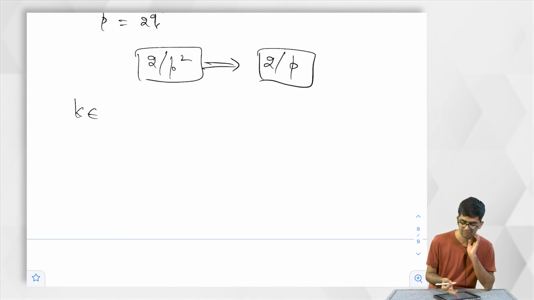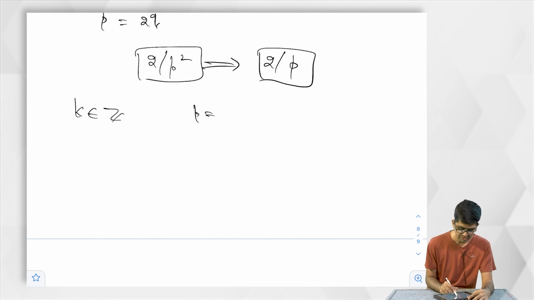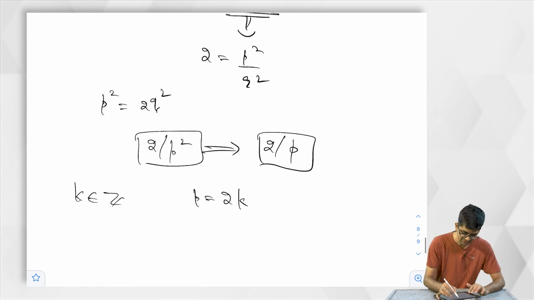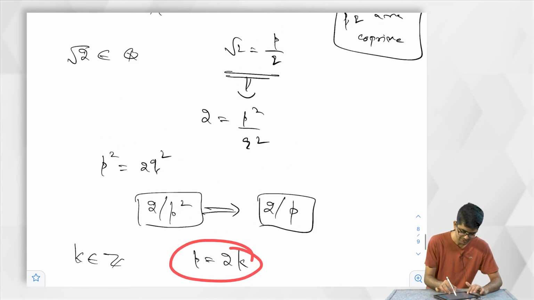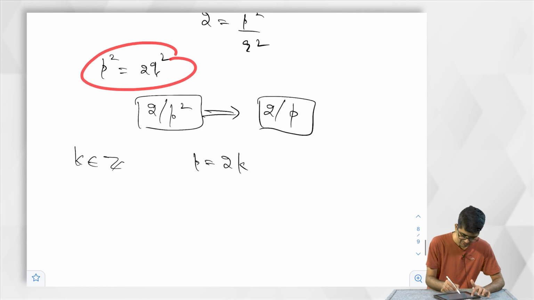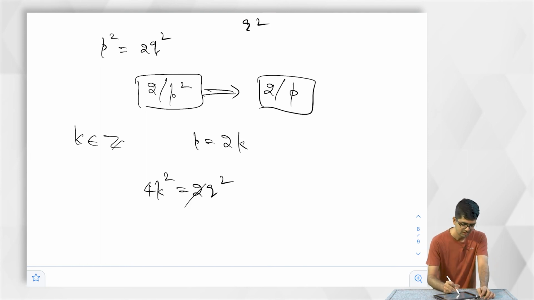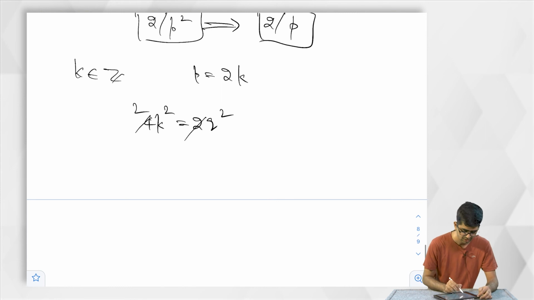Because we are asking P to be an integer, there is an element K in Z such that P is equal to 2 times K. We substitute this here, and 2 square is 4, so 4K square is equal to 2 times Q square. This 2 gets cancelled, so 2K square is equal to Q square.